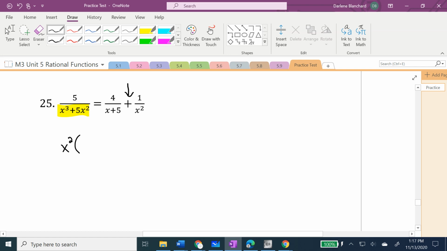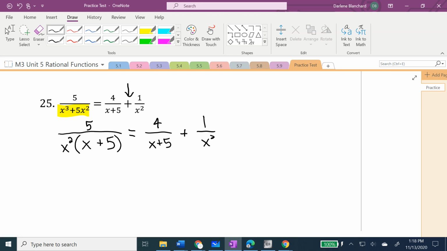If I divide both terms by x squared, I will have x cubed divided by x squared to give me x, and 5x squared divided by x squared to give me 5. The x plus 5 denominator, there's no factoring to do there. The x squared denominator is as simple as it's going to get. But you notice that there are some commonalities.